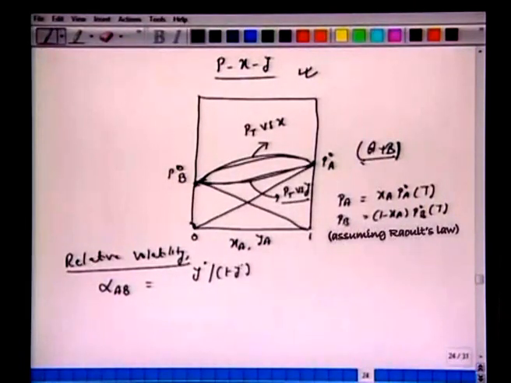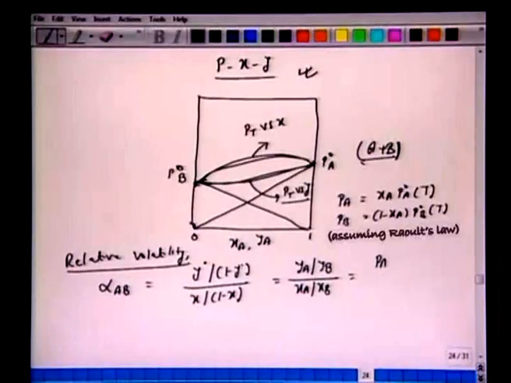So star means it's in equilibrium with x and 1 minus x. In other words, for A and B, this would be (ya over yb) over (xa over xb), which would be the same as pa over pb.